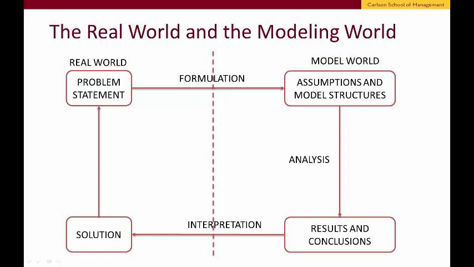The assumptions are going to do away with a number of complexities of real life, and the initial model structure will hopefully emerge in the form of a model prototype. This will then be used for the initial set of analysis, yielding preliminary results and perhaps some conclusions. The key piece is the interpretation of these results back to the client, sitting in the real world, in the form of preliminary recommendations and solutions.